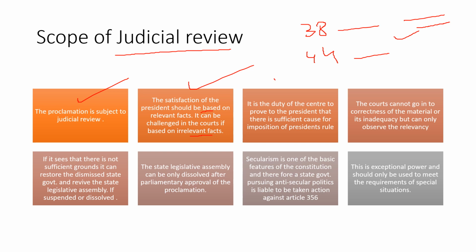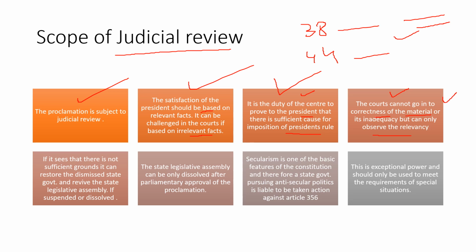Number three was that it was the duty of the center to prove to the president that there was sufficient cause for imposition of president's rule. So to prove whether there were enough reasons for president's rule was the duty of the center. Number four was that the court could not check the correctness of the material that was provided for imposition of the president's rule, but could only observe the relevancy.